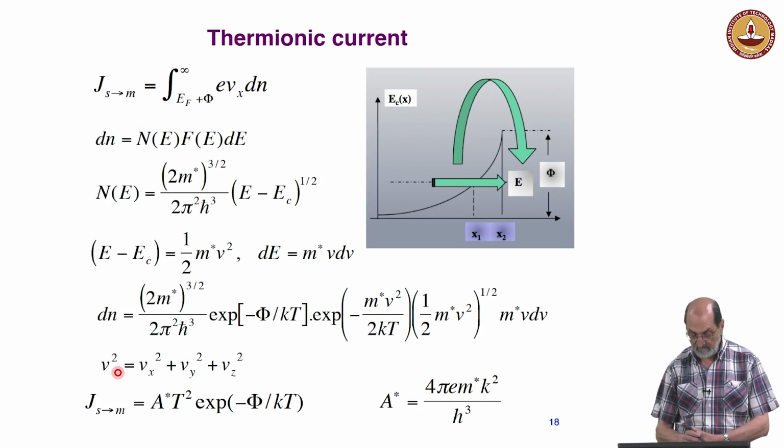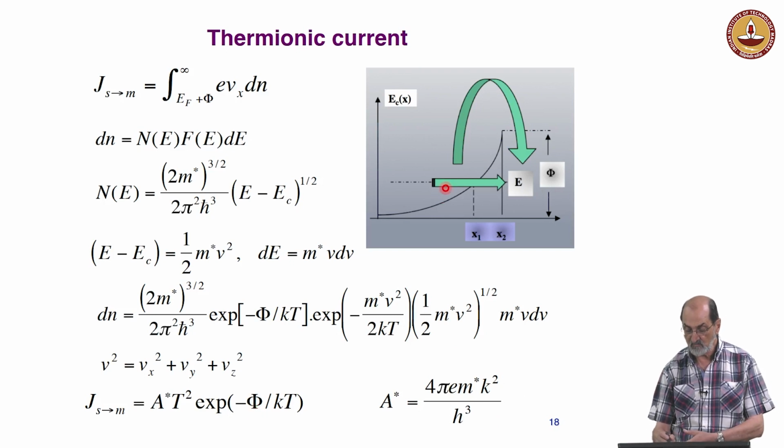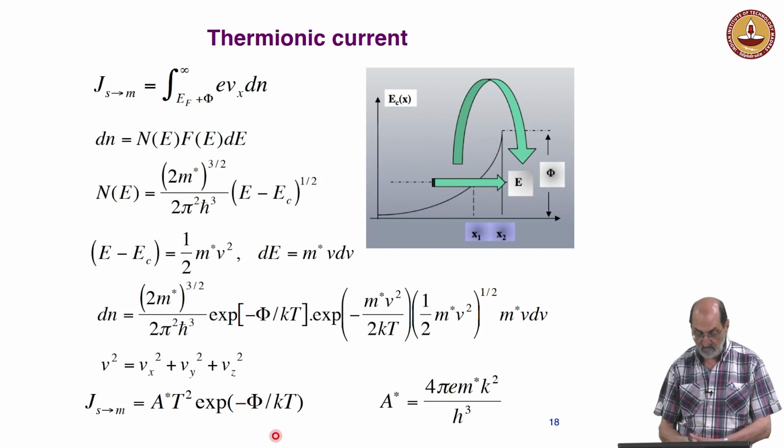We have this constant A, called the Richardson constant, which depends on known constants. T is the temperature, and this is the Schottky barrier. So the total charge jumping from one side to the other decreases exponentially with the barrier height. And this is what people accept.